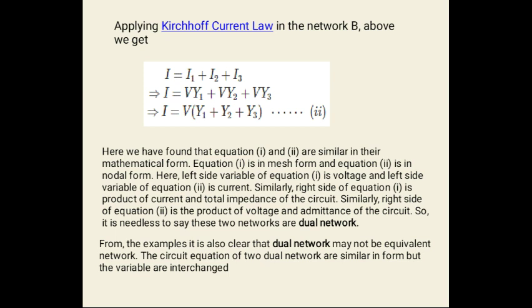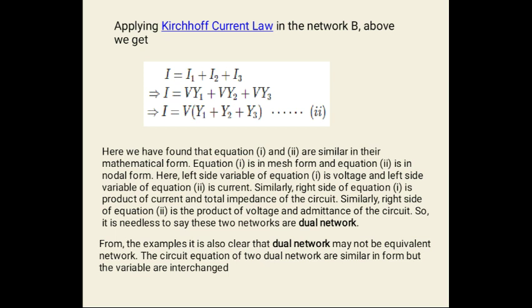Now applying Kirchhoff current law, the equation is I is equal to I1 plus I2 plus I3, where I1 is VY1, I2 is VY2 and I3 is VY3. So simplifying the equation, I is equal to V times (Y1 plus Y2 plus Y3). Equation number 2. We know that voltage in parallel branches remains the same.